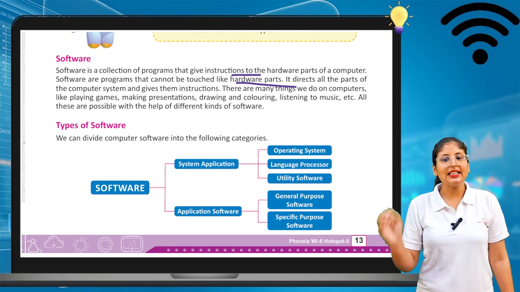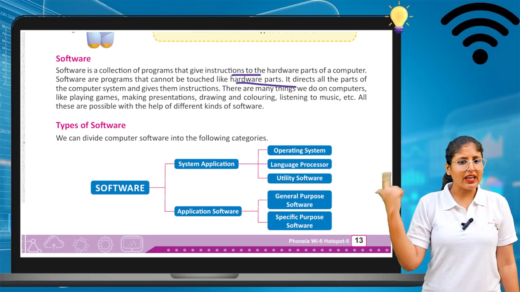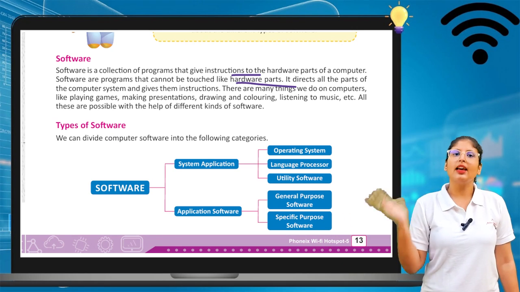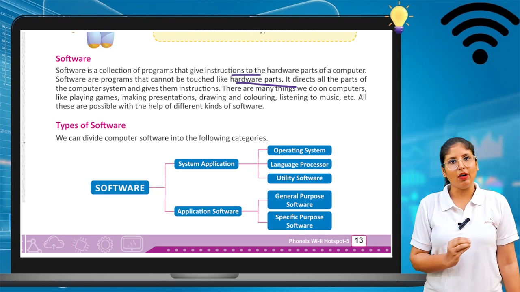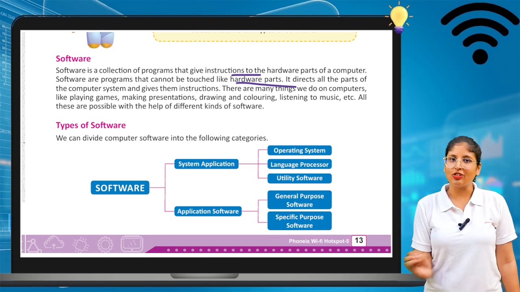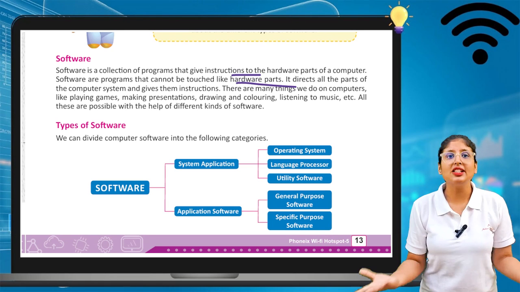There are many things we do on computers, like playing games, making presentations, drawing, coloring, listening to music, etc. All these are possible with the help of different kinds of software. Different software is there for each of these functions.